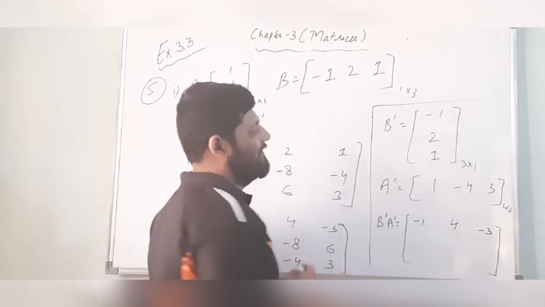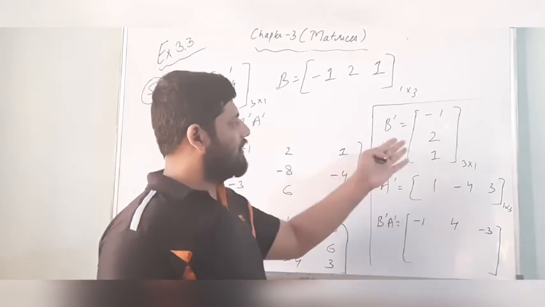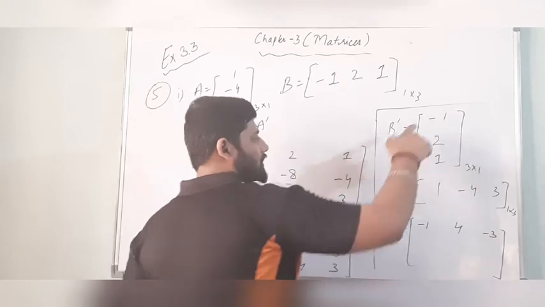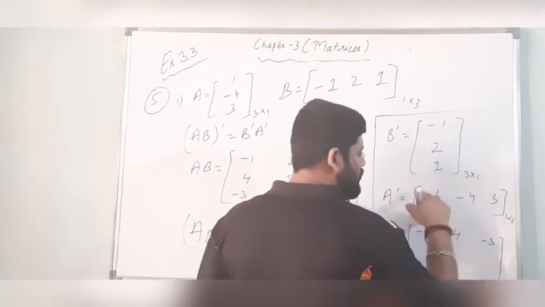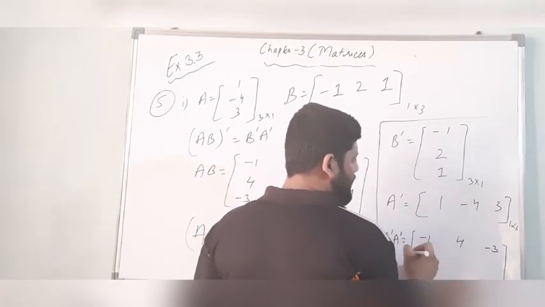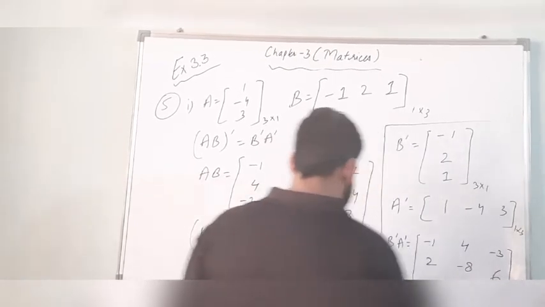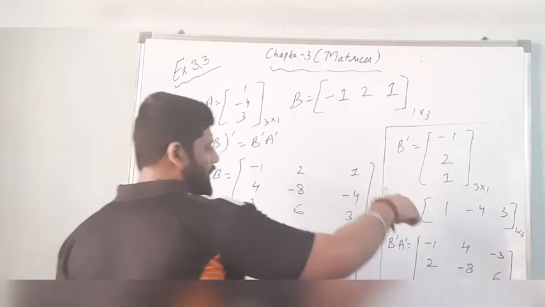Okay, and then let's check -1 into 3 is -3. Then we will multiply from 2 by this. 2 multiplied by 1 is 2. 2 multiplied by -4 is -8. 2 multiplied by 3 is 6. Is that clear? Now we'll multiply by 1.